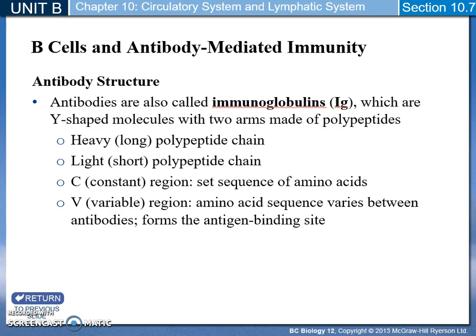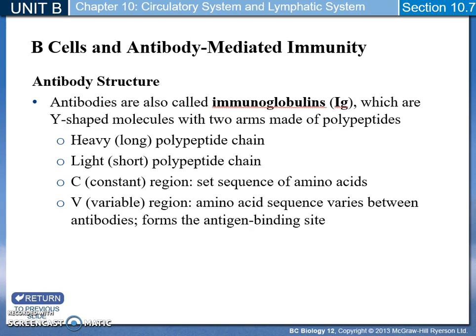So the antibody structure then. Antibodies are also known as immunoglobulins, and they have kind of a Y shape to them, and they consist of two arms made of polypeptides. And each has a heavy peptide chain and a light peptide chain, and each of these chains then has a constant region and a variable region.